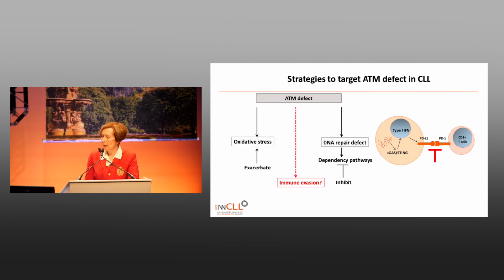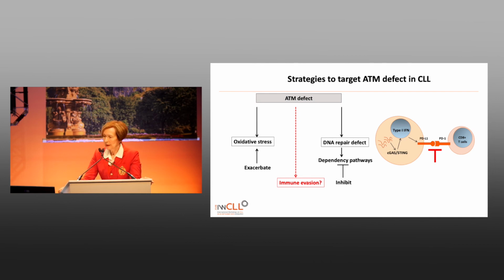of my talk, I want to add another thought. So in addition to targeting oxidative stress and DNA repair dependency in ATM defective CLLs, perhaps we should think about the interaction between DNA damage response, accumulation of DNA damage and immune evasion.